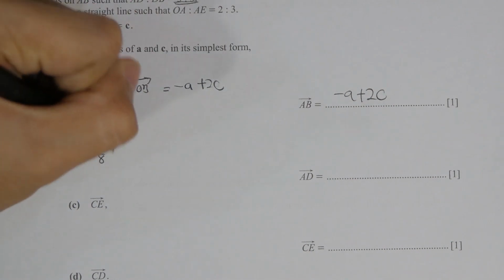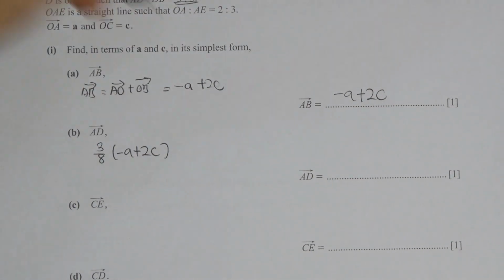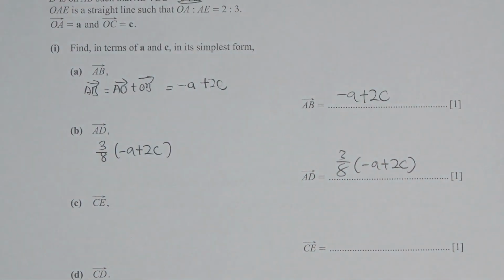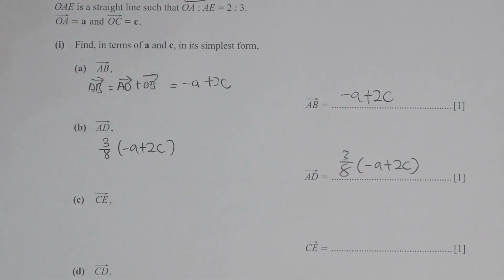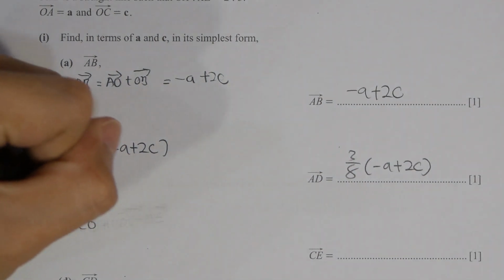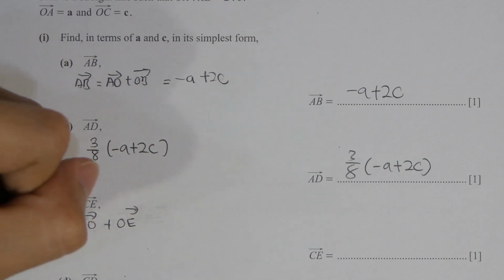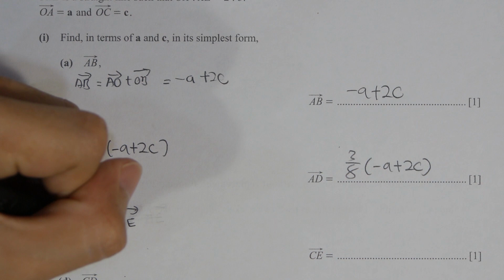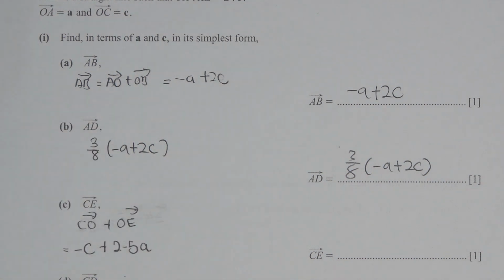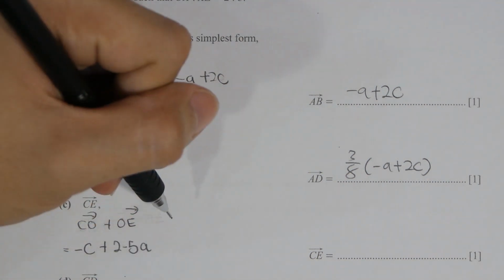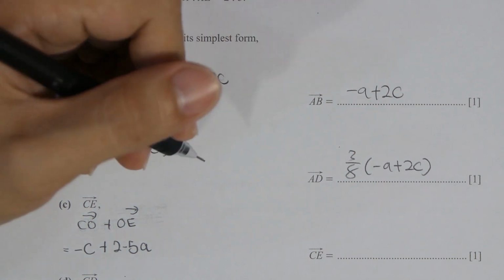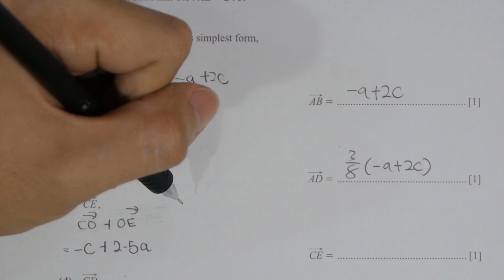AD's value will actually be 3 over 8 bracket negative A plus 2C. And CE's value will actually be CB plus BA plus AE. Or alternatively, you can just do CO plus OE, which is negative C plus 2.5A.